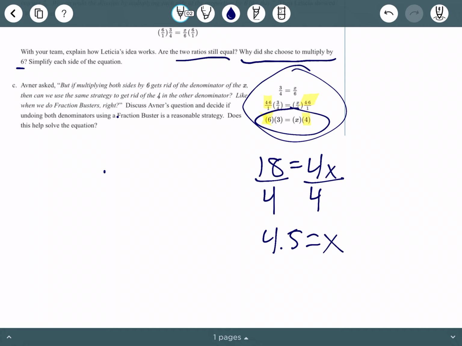So does his strategy work? Yes, his strategy does work. Now, it's just not as efficient as Letitia's. We will say Avner's strategy works.